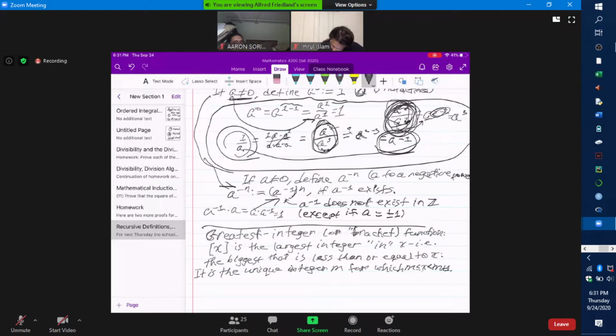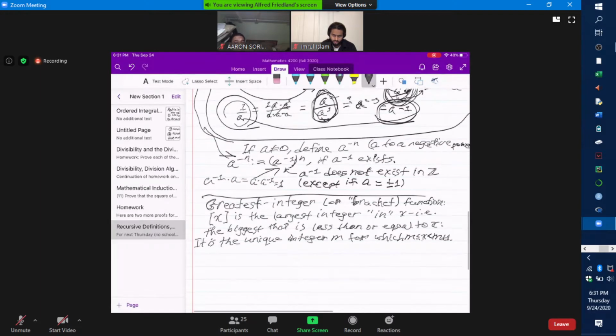So you see, m is less than or equal to x, but it's less than the next number, because if it weren't less than the next number, then the next number would be a bigger integer. We want the biggest integer that's less than or equal to x.